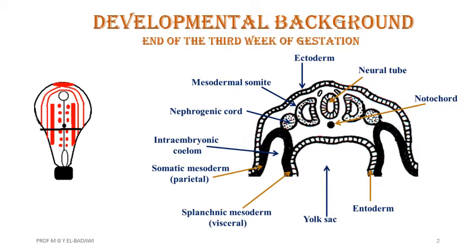So any structure developing from the ectoderm and the somatic mesoderm will be supplied by somatic nerves, and those developing from the endoderm and the splanchnopleure will be the visceral part of the nerves. That is the basis on which we divide the cranial nerve functions into somatic and visceral, as we will see in the next slide.